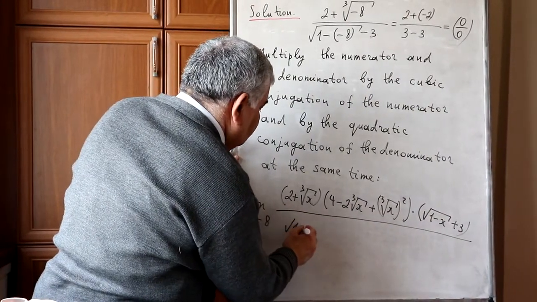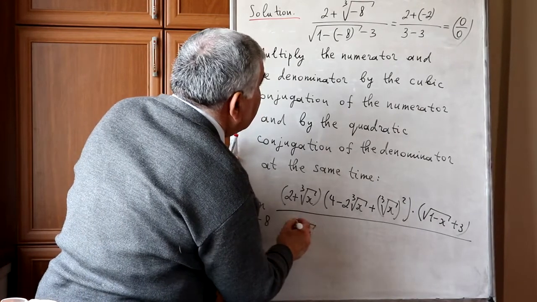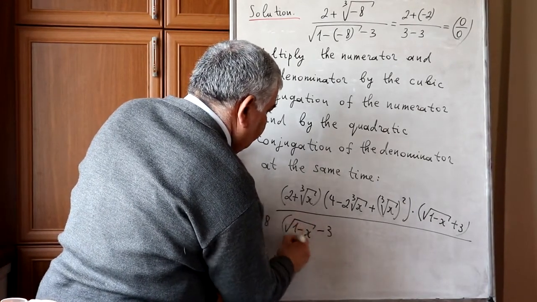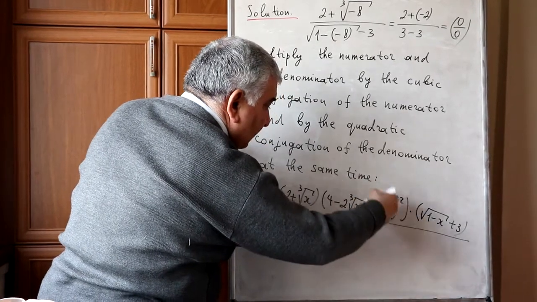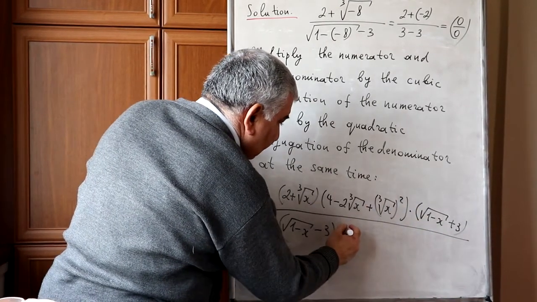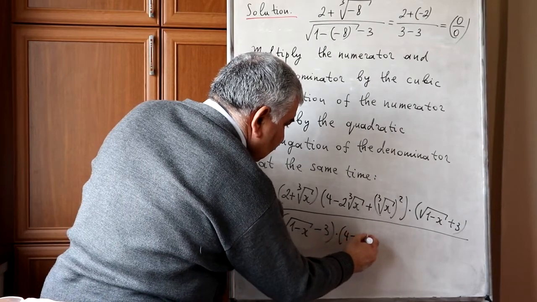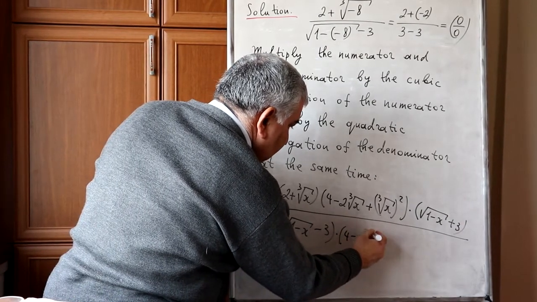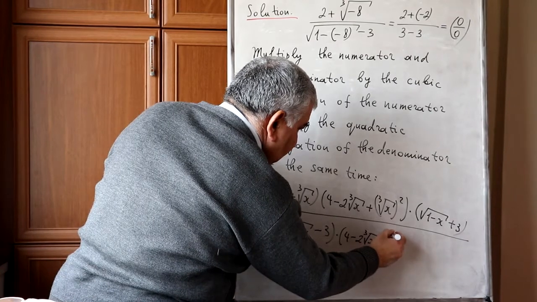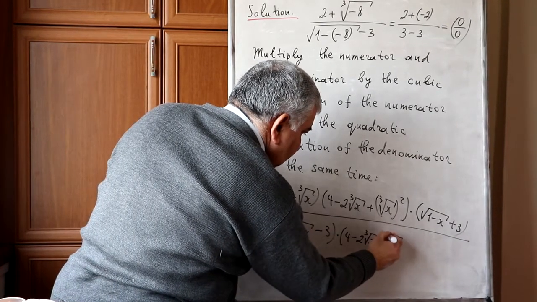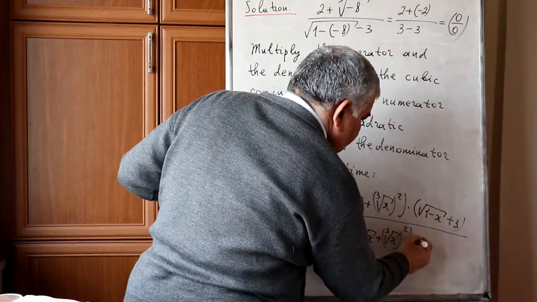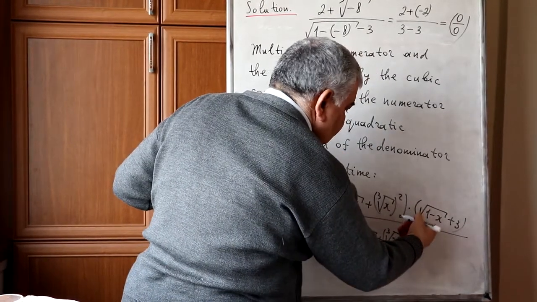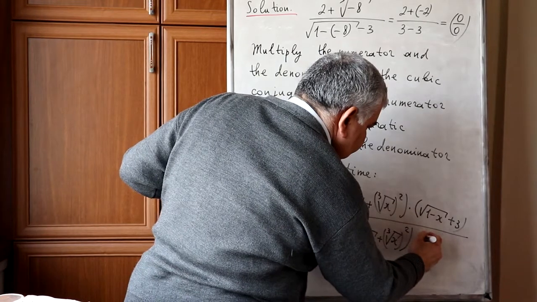Square root of 1 minus x minus 3 multiplied by the cubic conjugation of the numerator, 4 minus 2 cube root of x plus cube root of x squared, and multiplied by quadratic conjugation of the denominator.